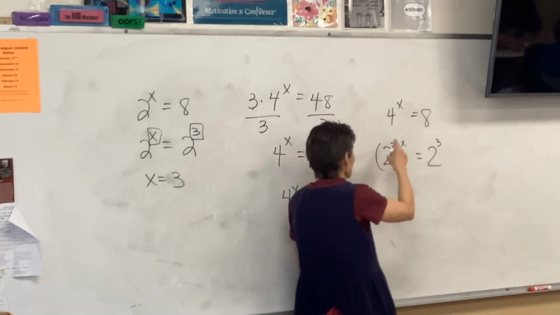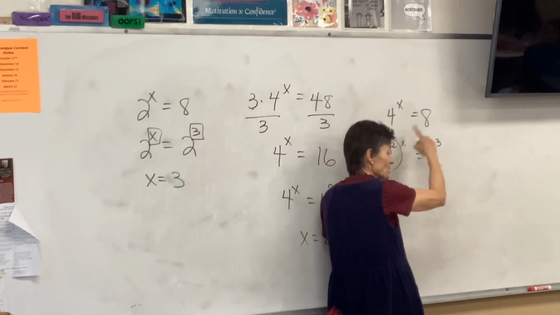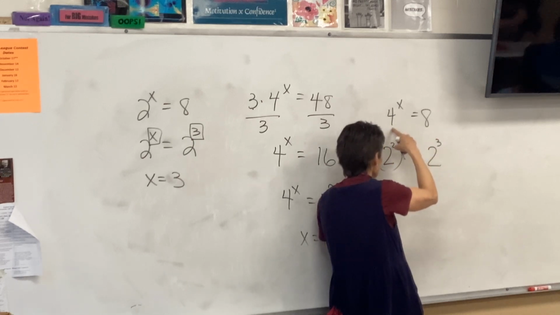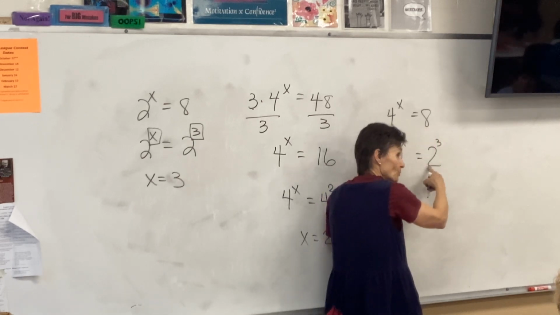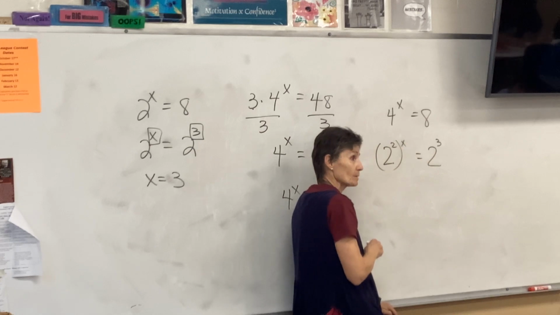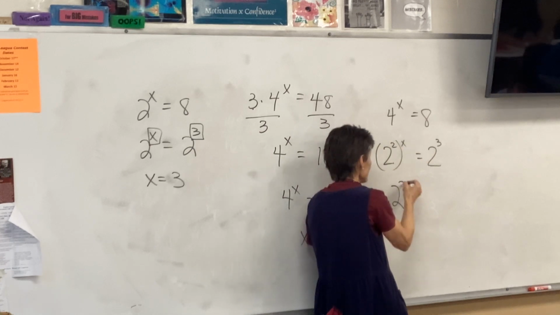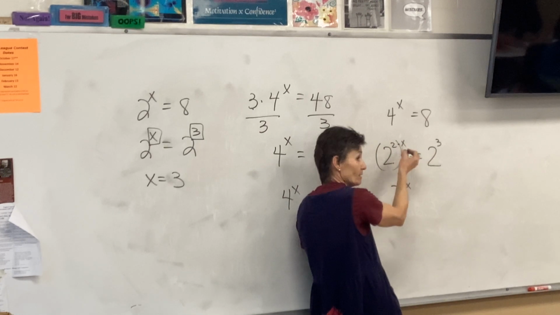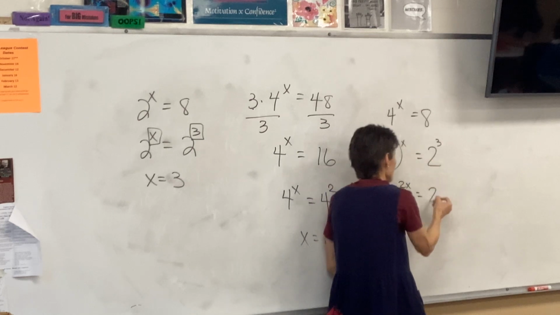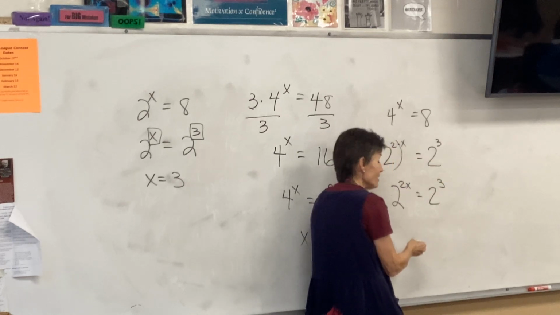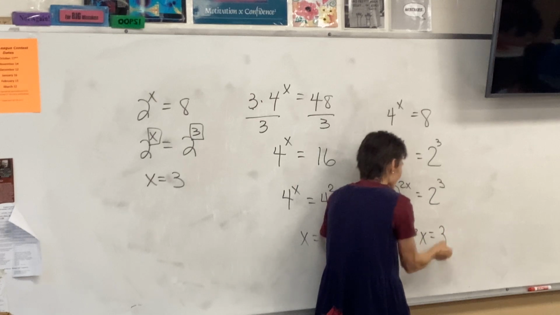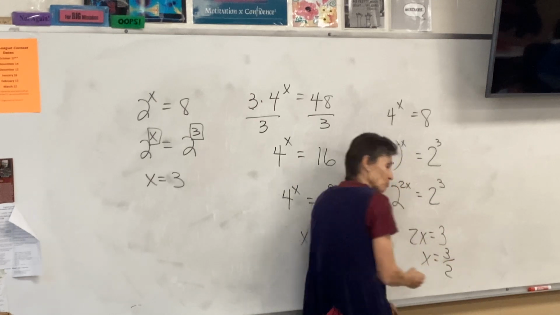You can't turn an 8 into a 4. That just doesn't work. So you have to change both of these numbers into 2's. So 2 to the 2x equals 2 to the third. So 2x equals 3, and you see where Jack got 3 halves?